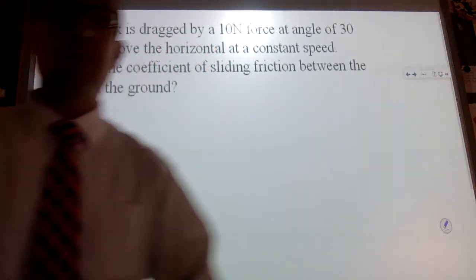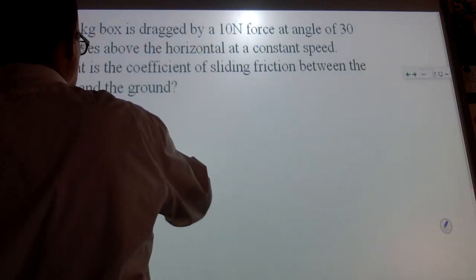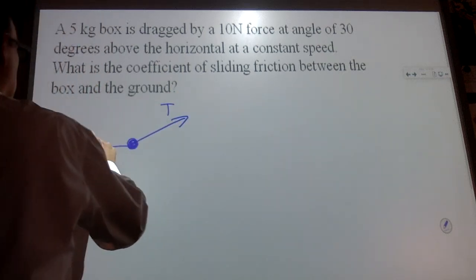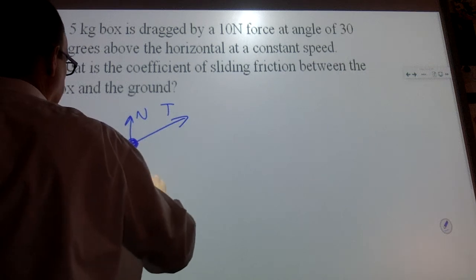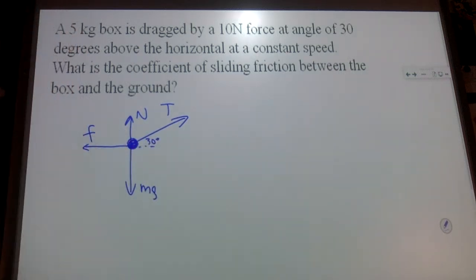All right, how about if we're dragging one at an angle? Note that the weight and normal are not equal to each other because there are two things in the y direction that are acting on this box.